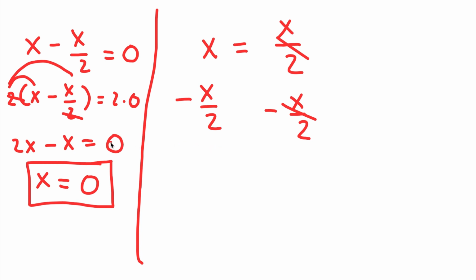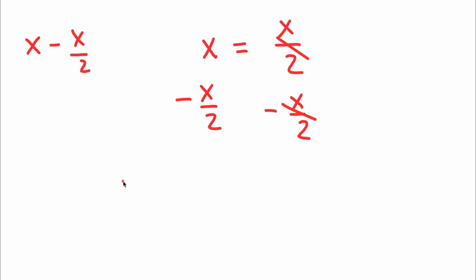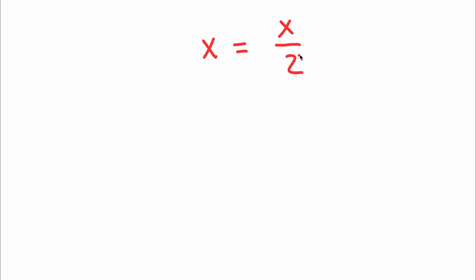Now another way of actually solving this problem is, let me actually erase all of this. So instead of subtracting x over 2 on both sides, I can simply multiply by 2 straight away.